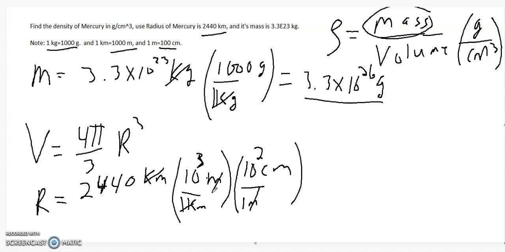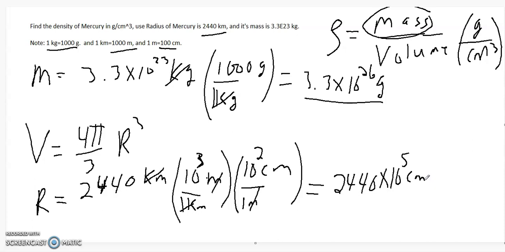So this becomes 2,440 times 10 to the fifth centimeters. That's still the radius.